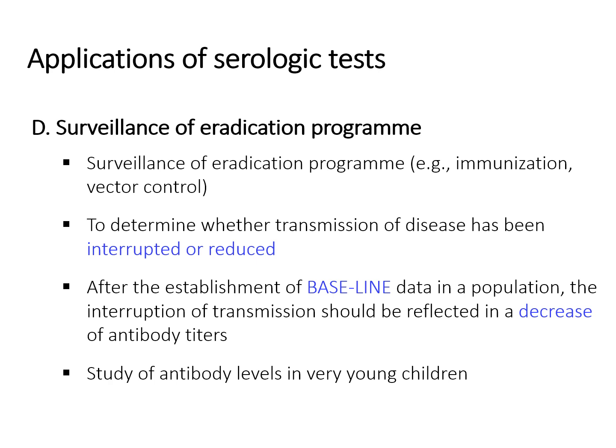By looking at the young children populations, we can determine whether the eradication program is successful or not. If it is successful, you should see a decrease in antibody titers, especially in the young children, because the infection is no longer there, so the children were not infected and the antibody titers have thus been reduced.